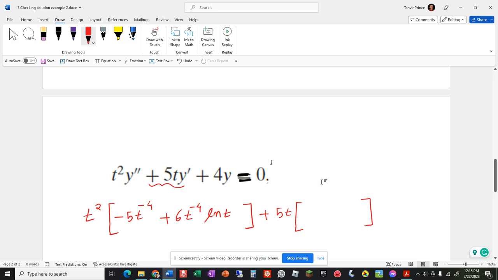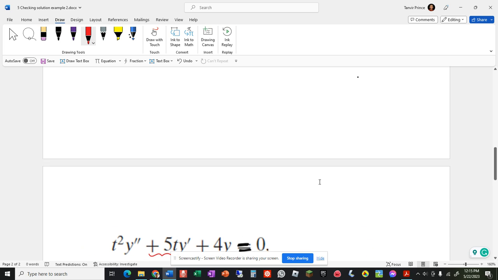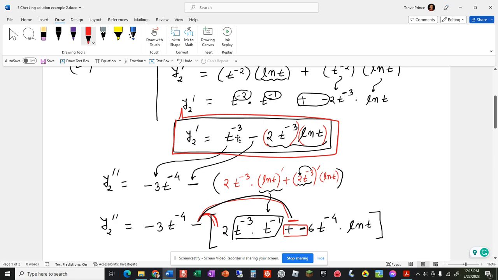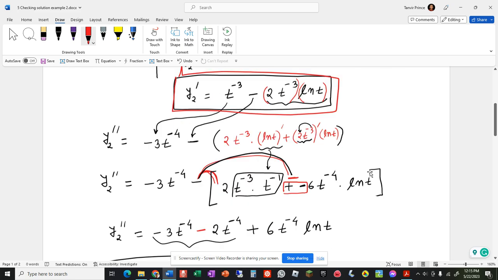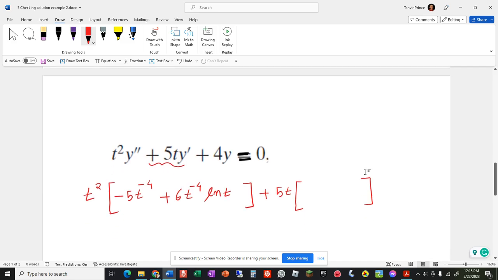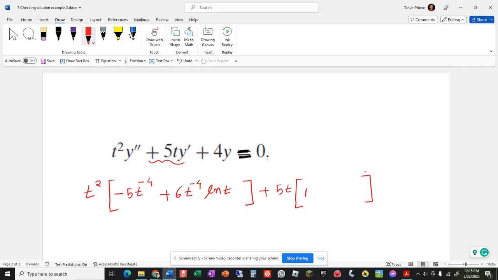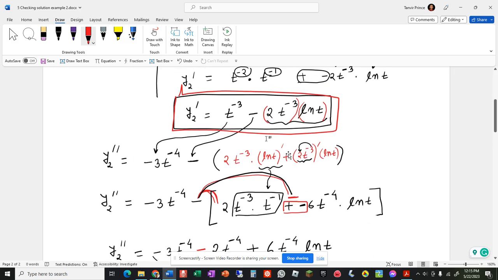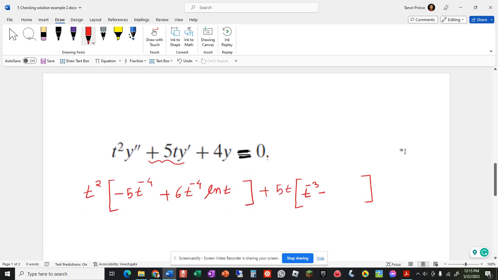Now let's substitute my y prime. That's my y2 prime. My y2 prime is t to the power negative 3 minus, so make sure we copy it correctly, 2 t to the power negative 3 ln t.